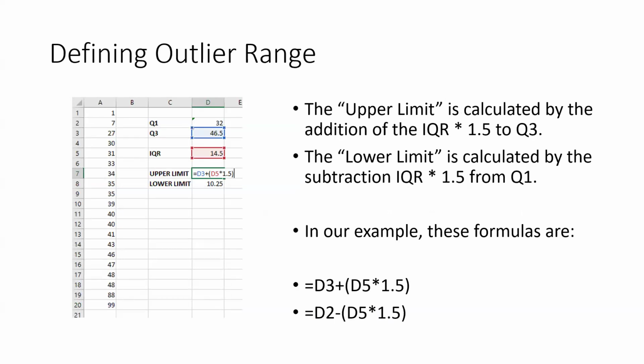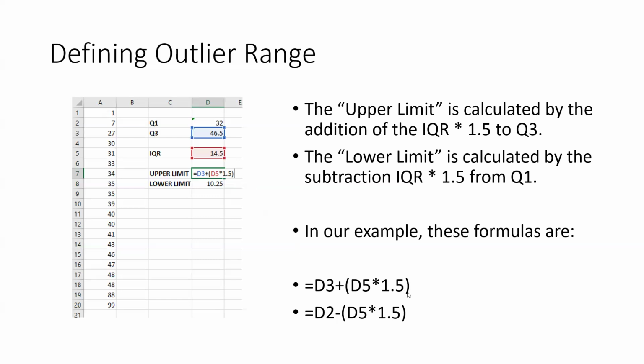So now we're ready to find the outlier range. To do this, we have to take the value for the upper limit, and the value of the upper limit is going to be our third quartile value, which is 46.5, and we're going to add it to the product.